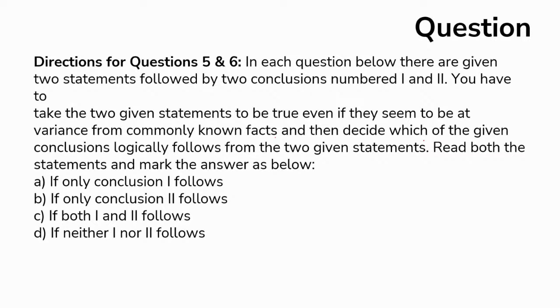Read both the statements and mark the answer as below. If conclusion one alone follows, I will mark it as option A. If only conclusion 2 follows, B will be our answer option. If both 1 and 2 follow, C will be our answer option. If neither 1 nor 2 follows, D will be your answer option.